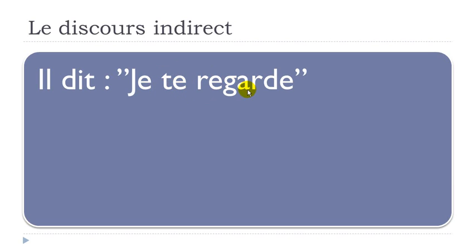It's interesting because in that sentence, you can notice that we will have to modify this first je, pronom personnel, and then probably we'll have to modify this te as well, okay, because I watch you, this you must be changed, of course, if we switch it to the indirect discours, okay.